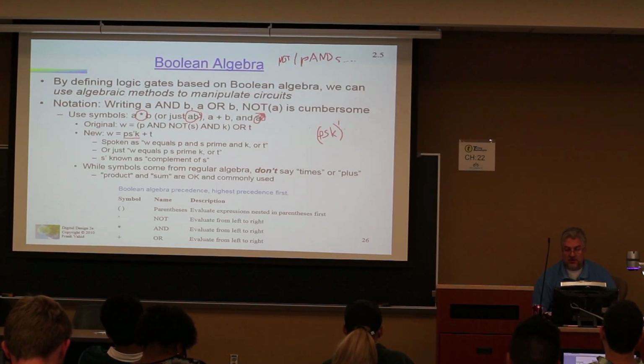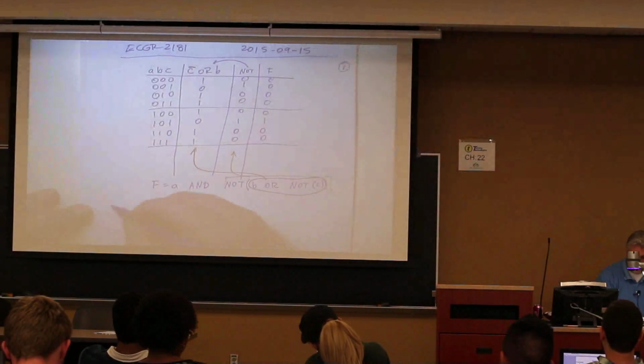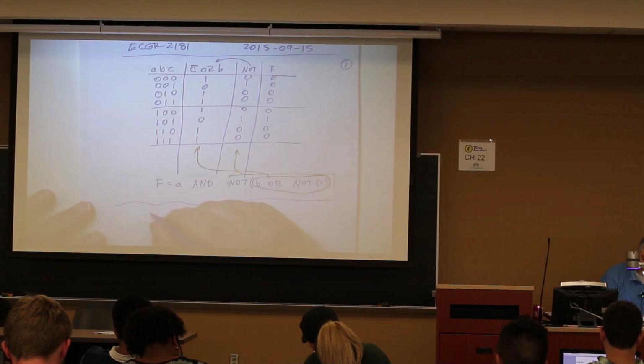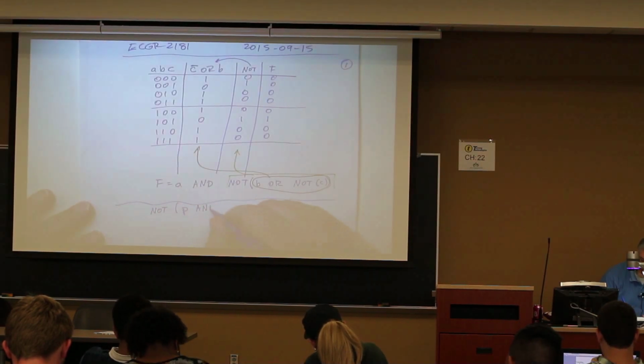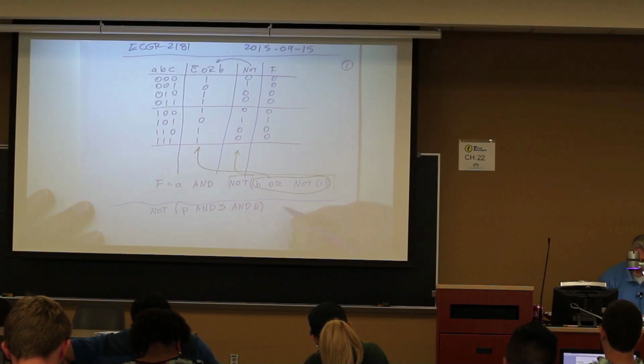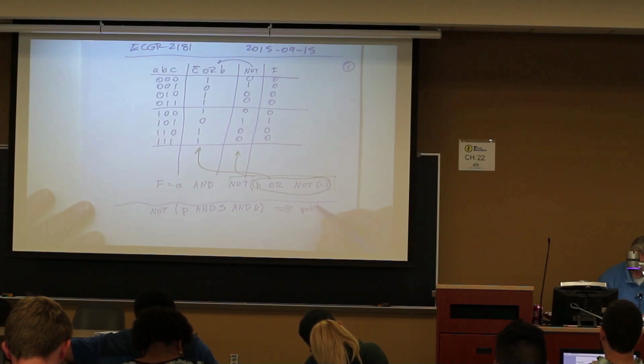What would be the truth table for this? Well, let's take a look. We can do this just for fun. So if we're saying not P and S and K, which I say is the same thing as PSK apostrophe, right?